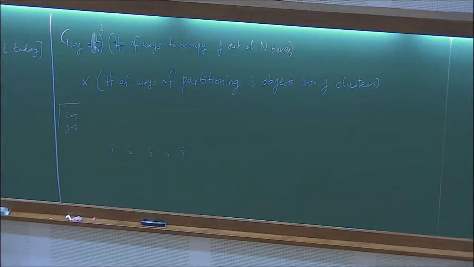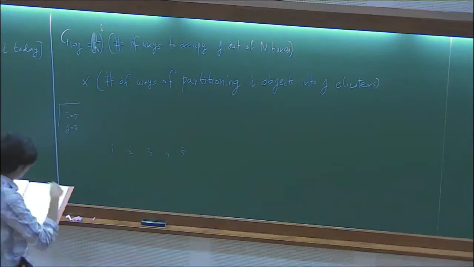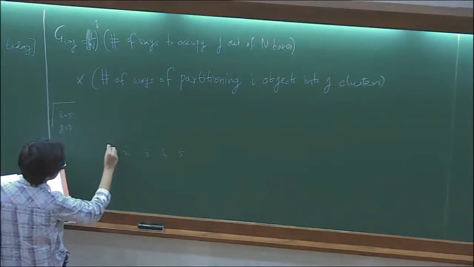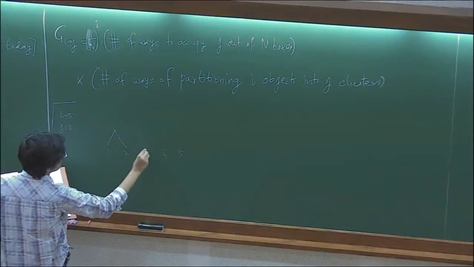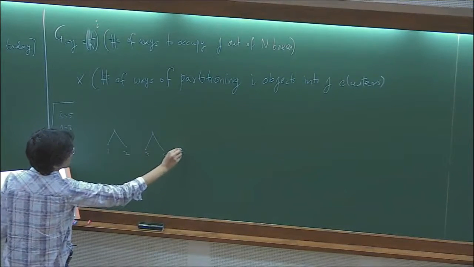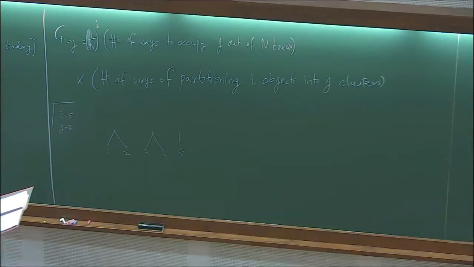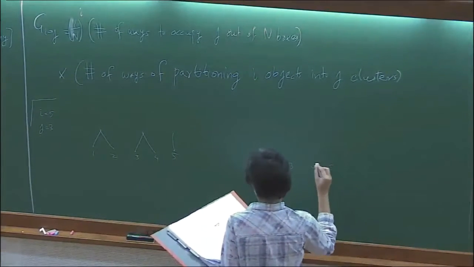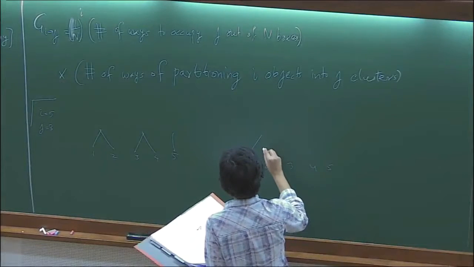Suppose I had these 5 guys in the previous generation. Something like this could happen in one generation: any 2 had the same parent. Something like this could also happen. Is this clear what I'm drawing here?